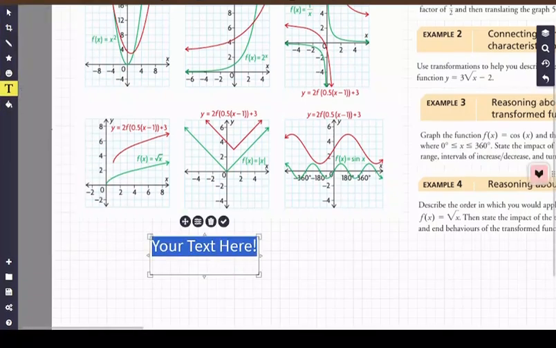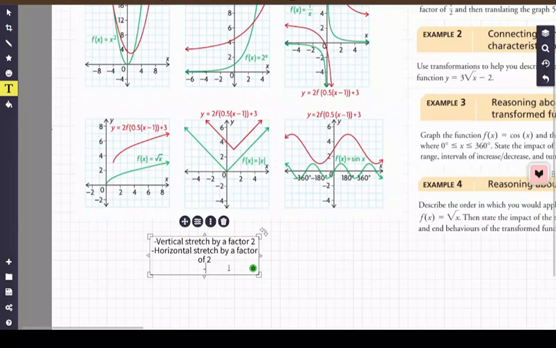We can see it's a horizontal stretch by a factor of 2. And while we have this vertical stretch by a factor of 2, we also have a horizontal stretch by a factor of 1 over 0.5, which is also 2.